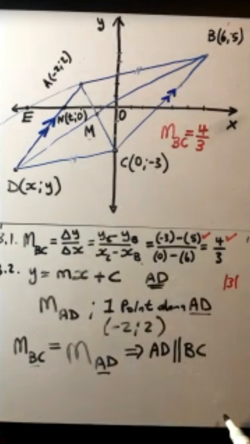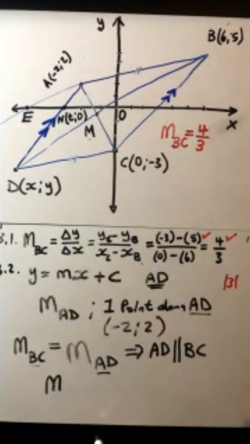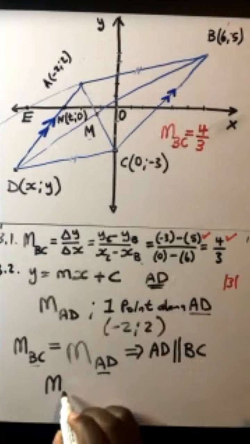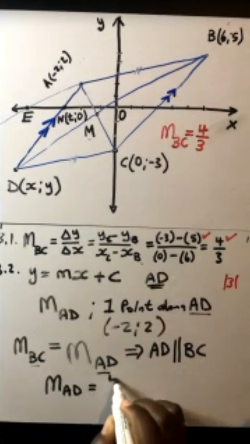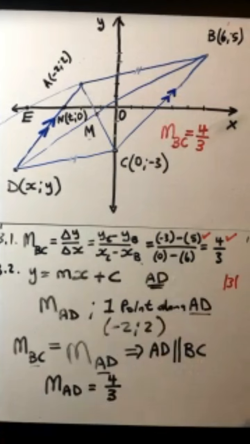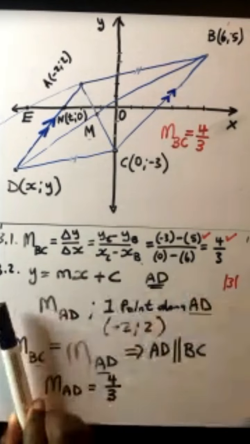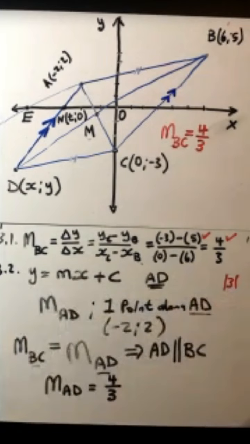So that is the reason why I am going to say the gradient of AD is equals to 4 over 3.